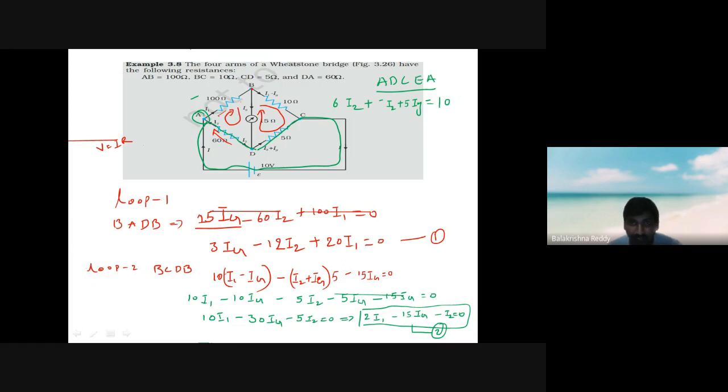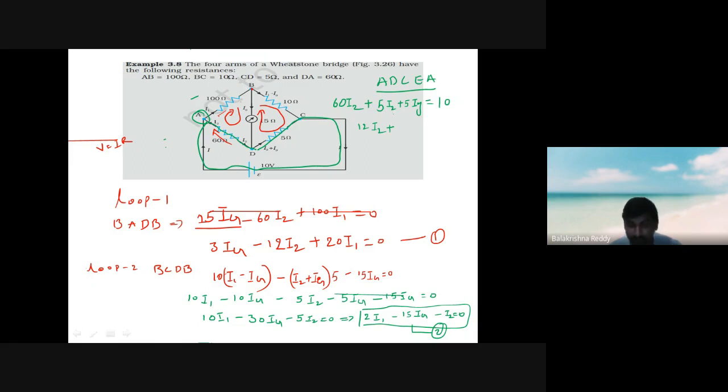Okay, and here this is 5, right? Yeah, this is 5. This is 60. So here also I can take 5 common on either side. Then I can write this as 5 twelves are 60, 12 I2. I can write plus I2. This is also I2.